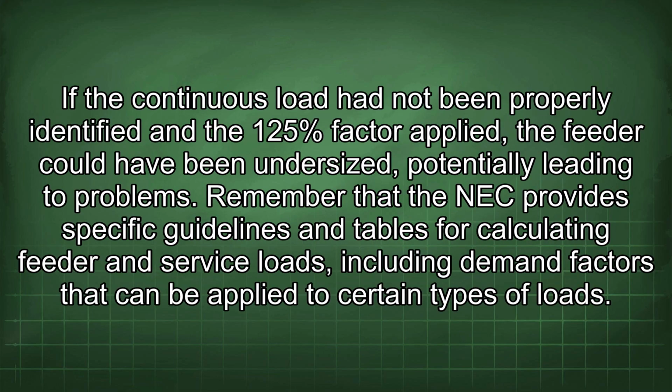If the continuous load had not been properly identified and the 125% factor applied, the feeder could have been undersized, potentially leading to problems. Remember that the NEC provides specific guidelines and tables for calculating feeder and service loads, including demand factors that can be applied to certain types of loads.